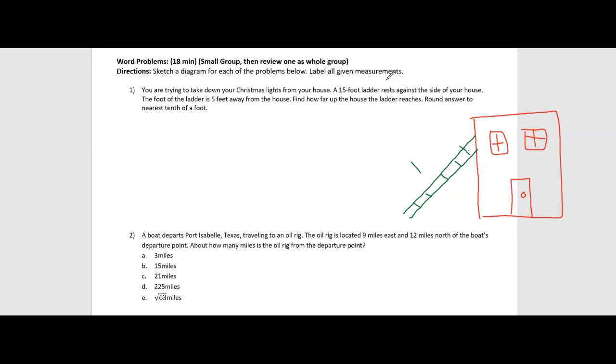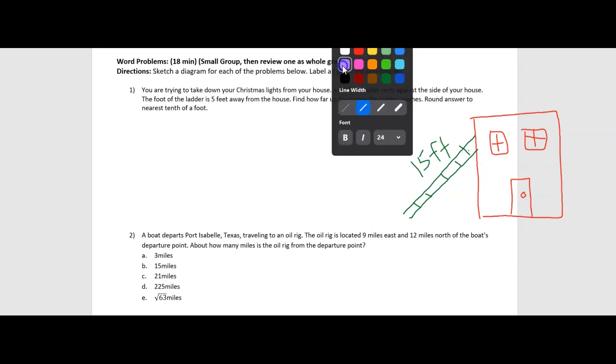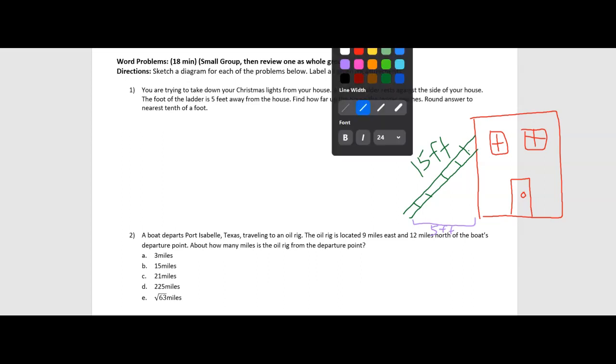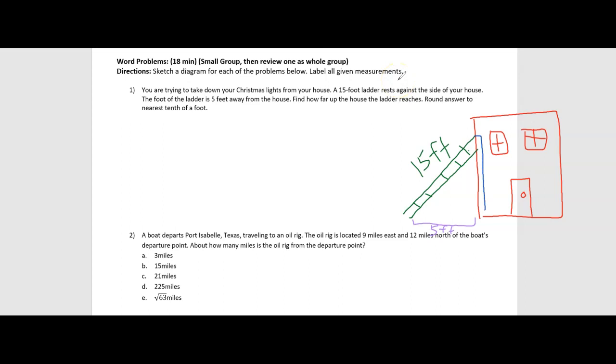So the length of my ladder is 15 feet, which means this is how I'm going to label that 15. And it is 5 feet away from the house, the foot of the ladder. So this distance right here, 5 feet. And we need to figure out how far up does it reach. So what is this distance right here? That's what we'll call x.